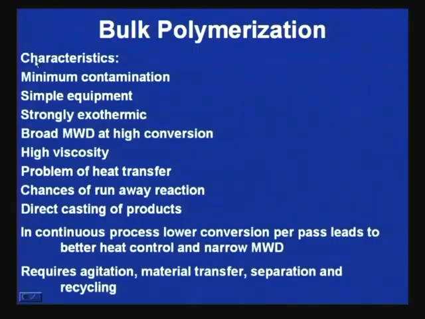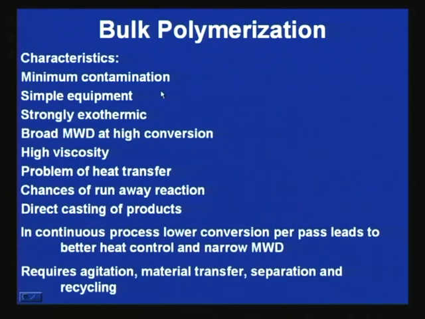So, in this slide you see there are various characteristics of bulk polymerization. It provides minimum contamination of the polymer. As I said, it contains only polymer and residual catalyst or initiator. So, we can say you can get minimum contamination in the product.